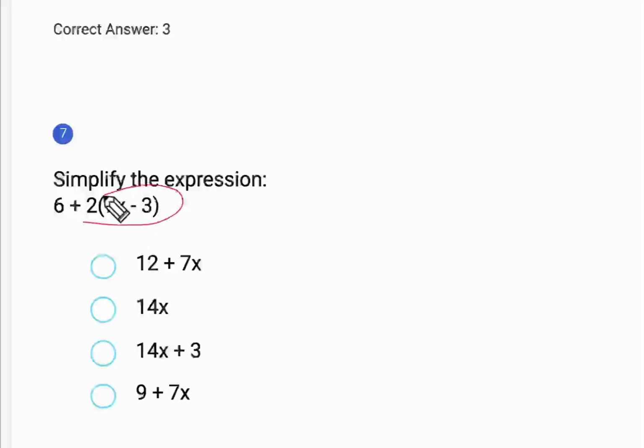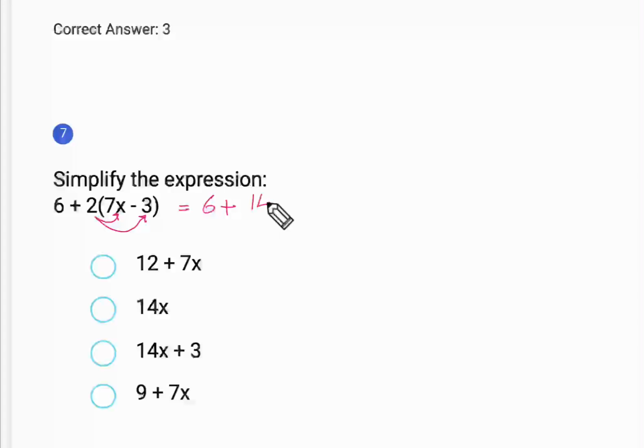But you should simplify the expression by first using the distributive property with this term. Right? You should simplify this first. So multiply the 2 by the first term and multiply it by the second term.